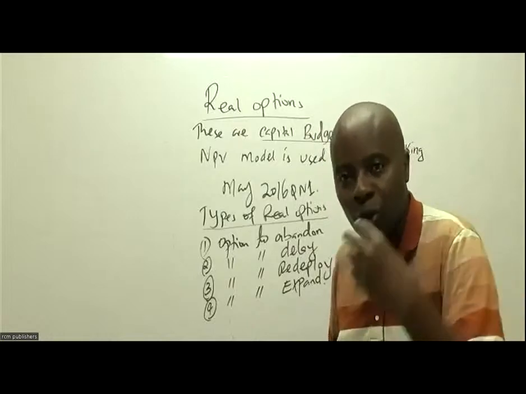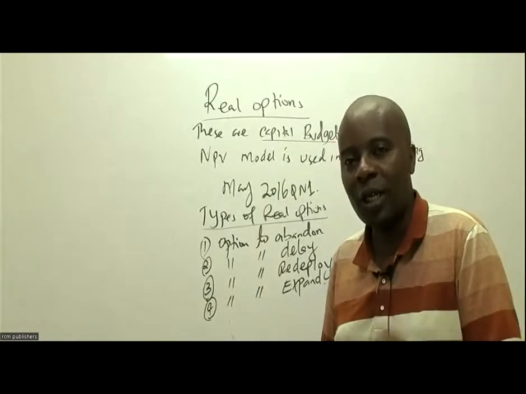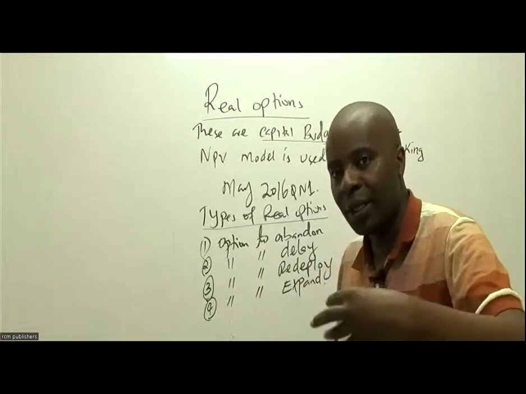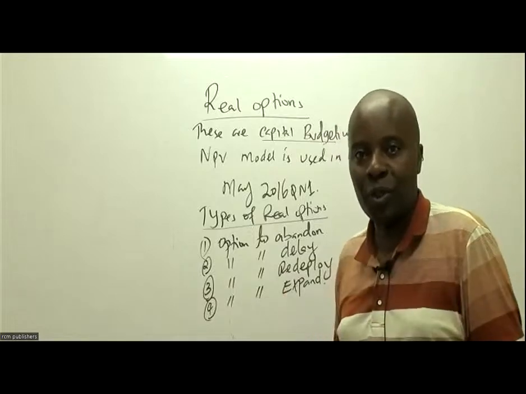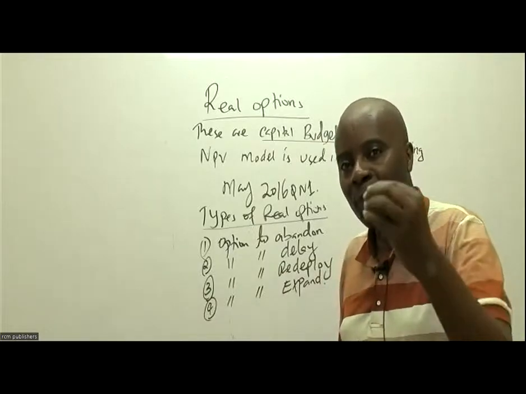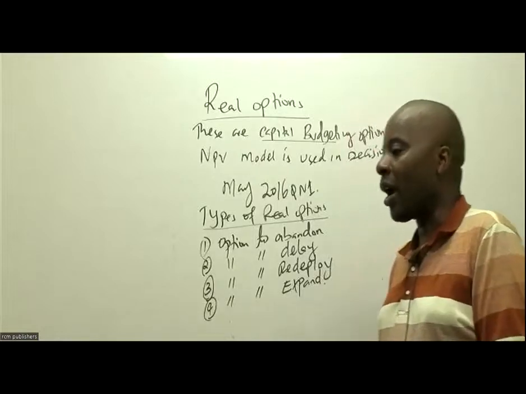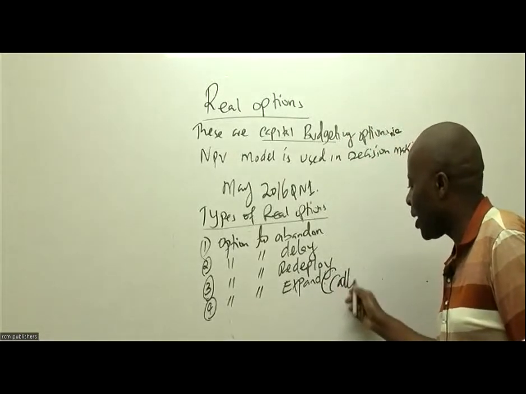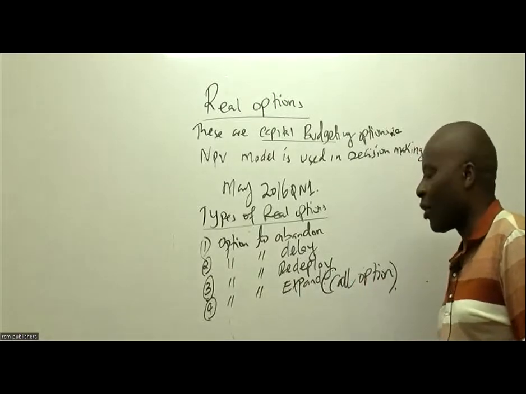If it's an option to expand, ladies and gentlemen, in terms of accounting, expansion means me putting up more resources. It's like I'm buying extra space. And if you remember, the option to buy, the option to increase, is normally a call option. So this one will always be accounted as a call what? As a call option.